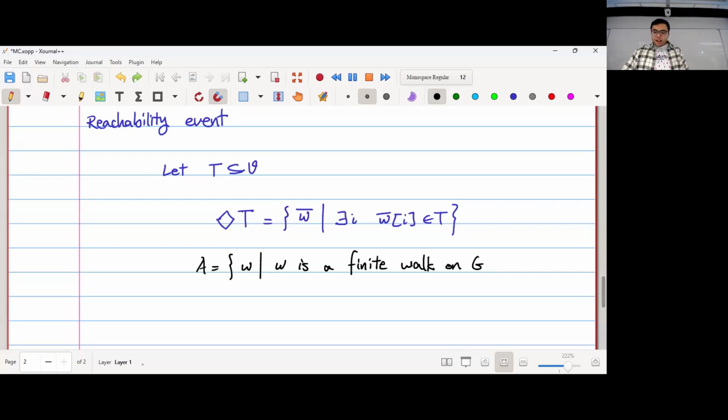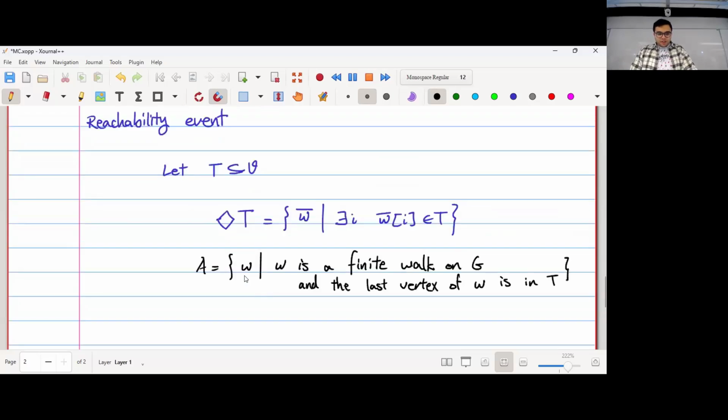And let's say that I want this finite walk to end at T. The last vertex of W is in T, okay? So I have a target set. I'm saying, look at all the finite walks that end at this target set, okay?